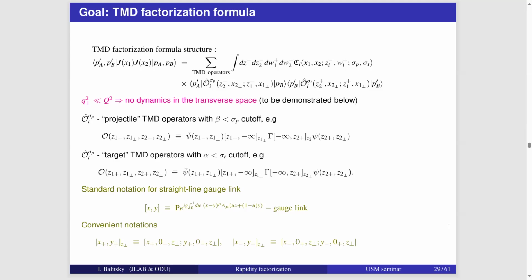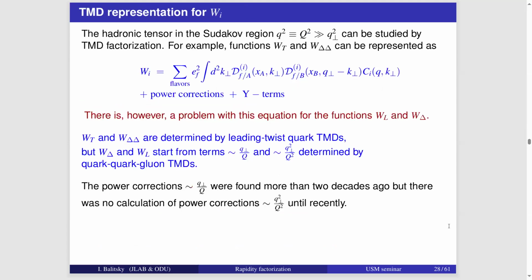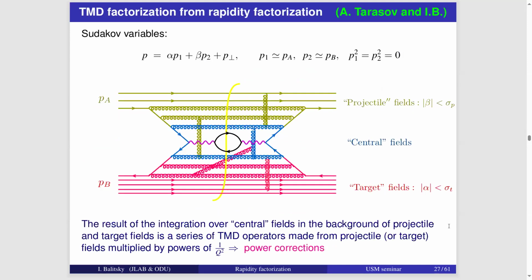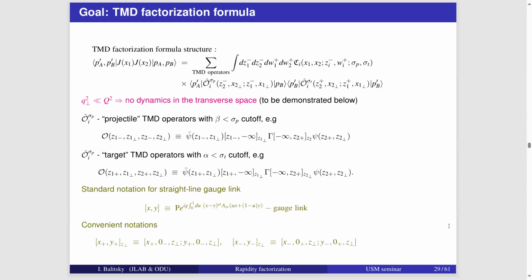This operator O, the projectile TMD operator with the cutoff, comes from this diagram. You see that here I include only gluons with some cutoff, and therefore all the operators here will be with this cutoff.